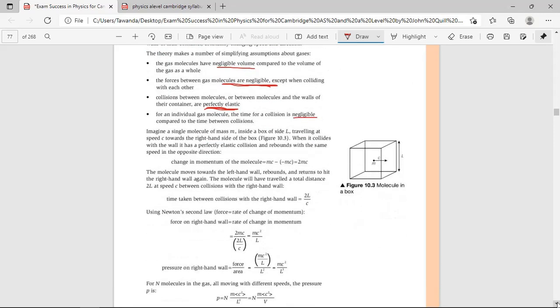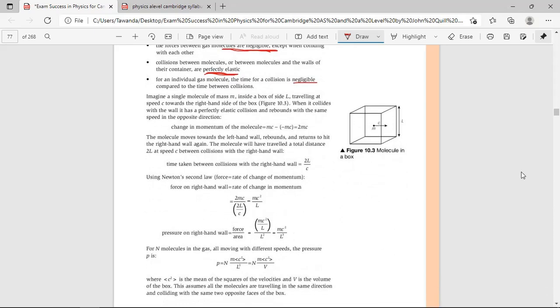So we have this container. We are going to use this container to derive that equation. We are going to take this cube where the length is L, L, L. So imagine a single molecule of mass m inside the box of side L, traveling with a speed c towards the right-hand side, so meaning this particle is coming to this face.